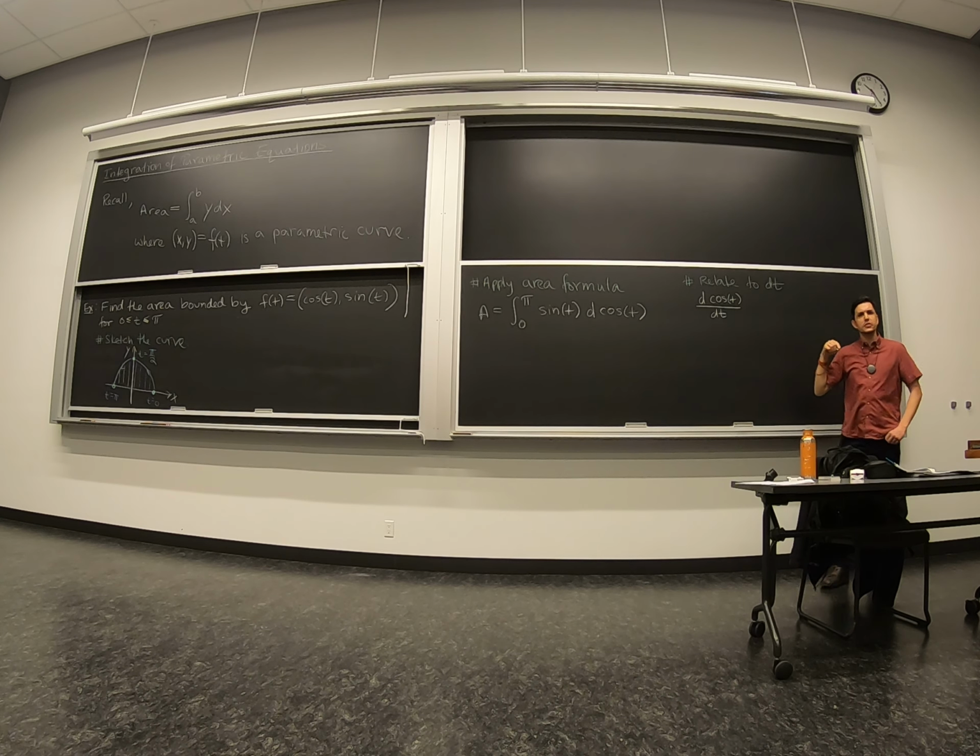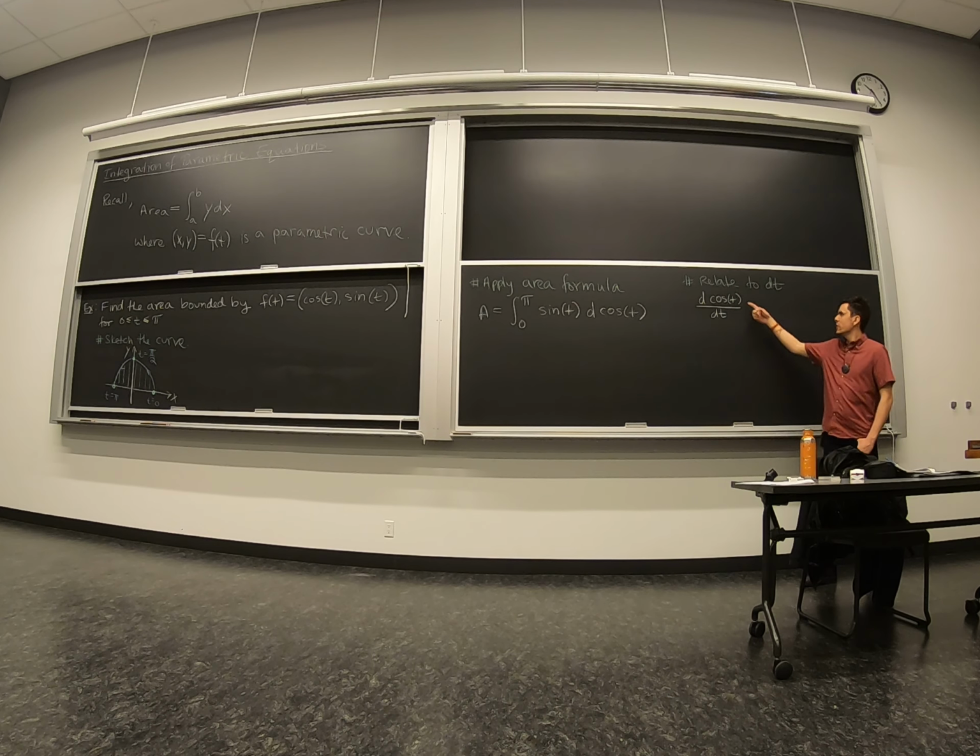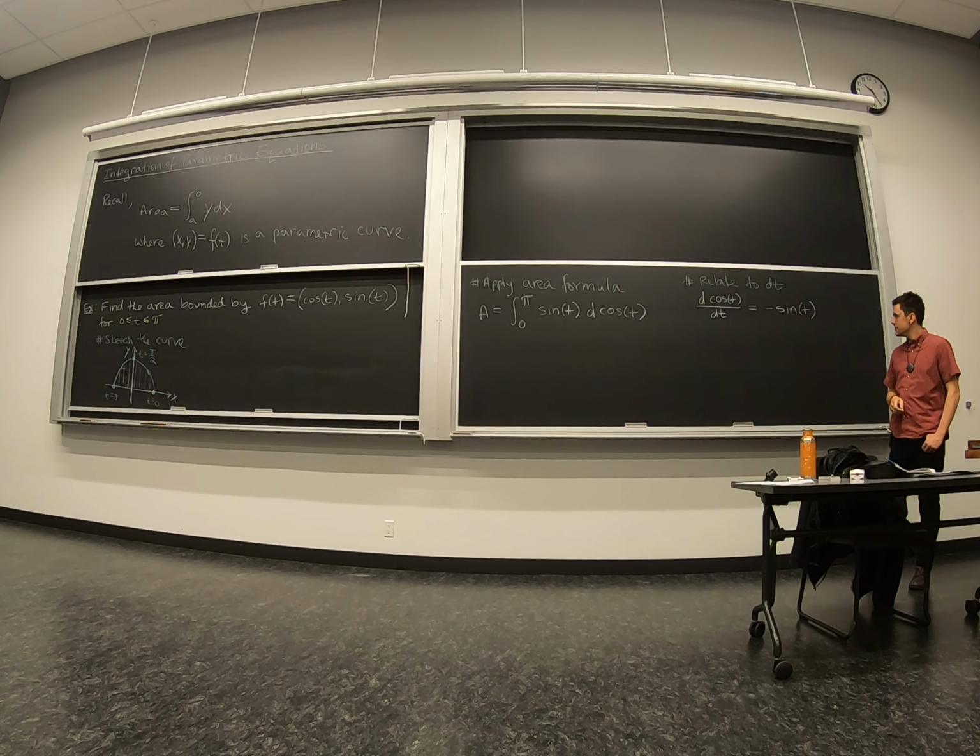Well, this is the derivative of cos with respect to t. This is the derivative in Leibniz notation. So we take the derivative and we get negative sine t.